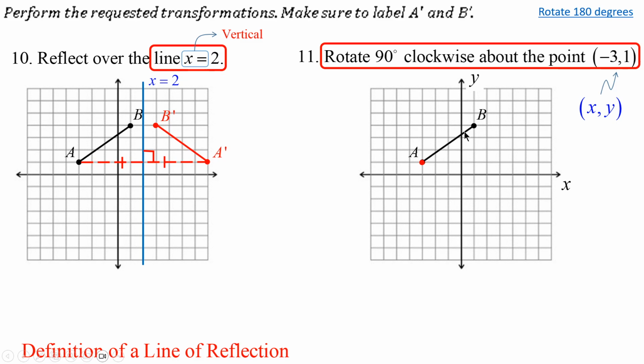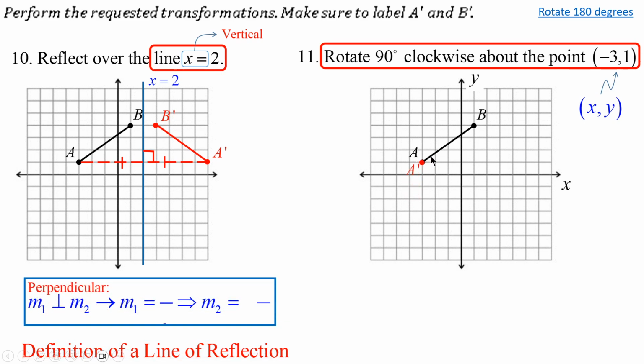I need the slope of this segment, because 90 degrees would be perpendicular, and we're going to use negative reciprocal. So A prime does not move. And let's go over our definition of perpendicular one more time. If the slope of the first line is A over B, then the slope of the second line, perpendicular to it, would have to be negative B over A.